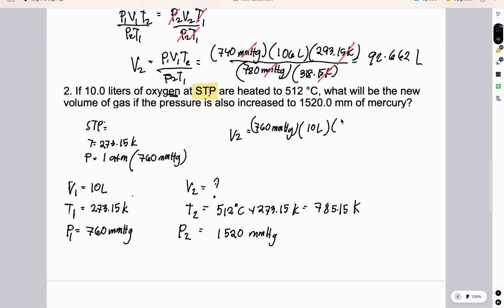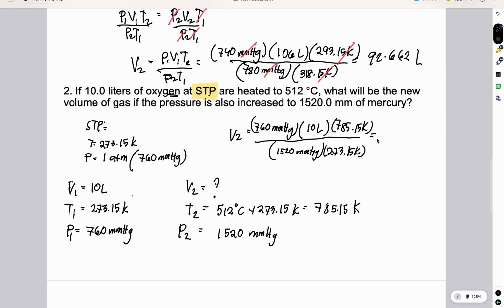And T2 is 785.15 Kelvin divided by P2, which is 1,520 mmHg, and then T1, which is 273.15 Kelvin. So you calculate this.